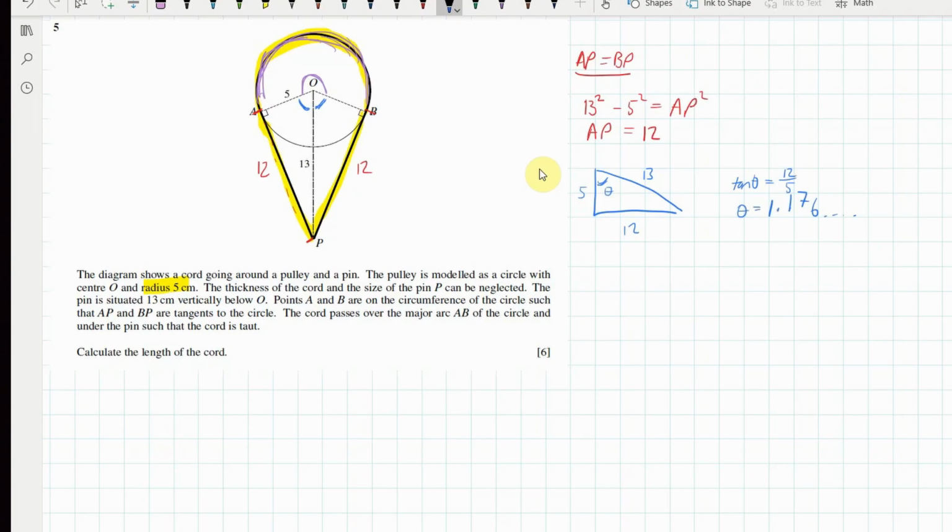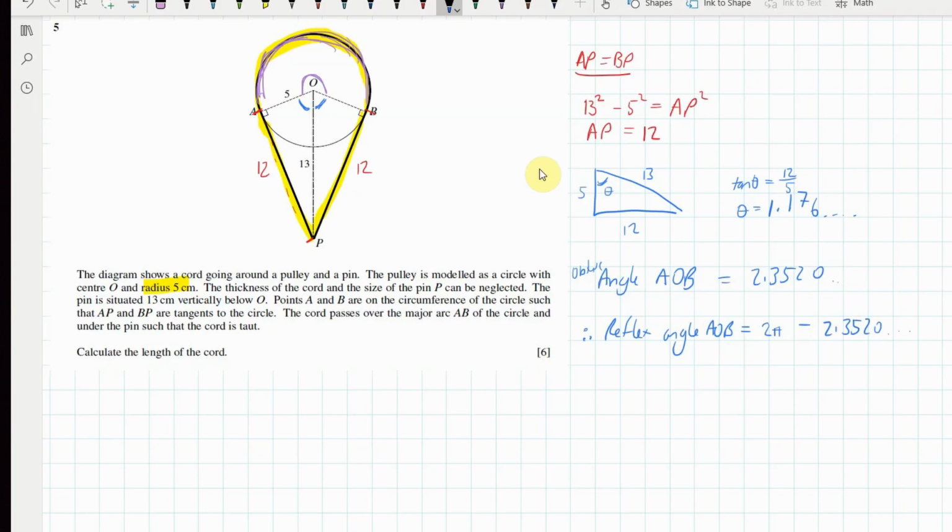So I would say angle AOB, and I'll call it obtuse angle AOB, equals 2.3520, blah, blah, blah. Therefore, reflex angle, which is the one we want, is equal to 2 pi subtract 2.352, blah, blah, blah, okay?